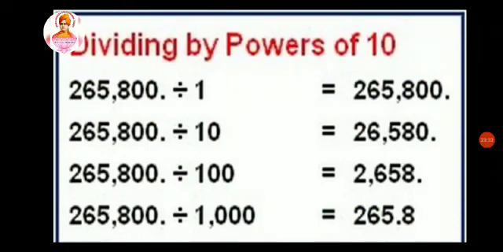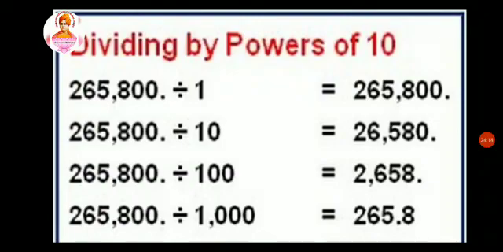Division in decimals. What we have discussed before, the same we are going to perform in division here. If you divide a decimal number by 10, the decimal point will move one place to the left. In my question, I have 2,65,800 point. If I divide this value by 10, the decimal point will move one place to the left, so it will change to 26,580.